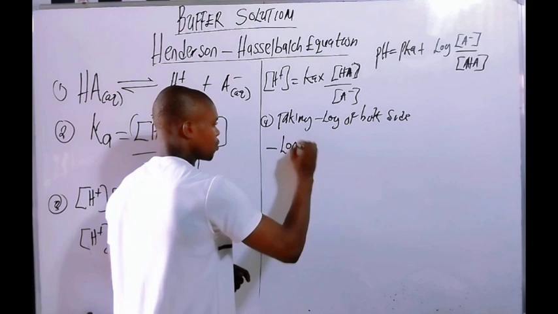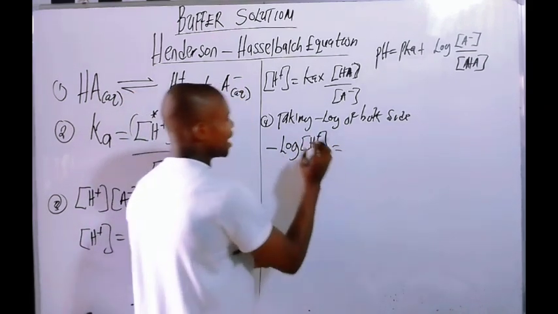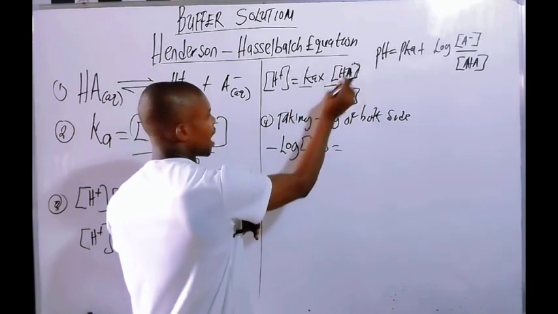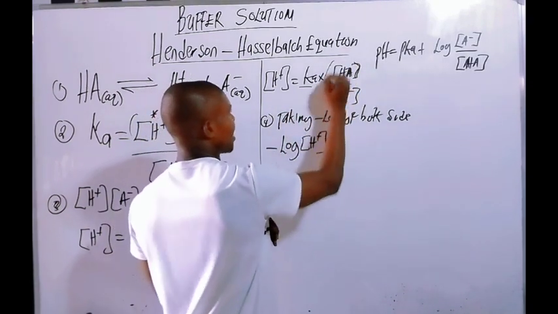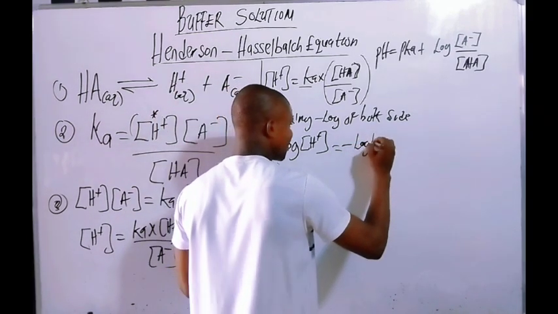So when taking minus log of both sides, you have minus log H plus equals. Remember, we have two different components here, Ka and the whole of this one, so don't take it as one. It will be minus log Ka.